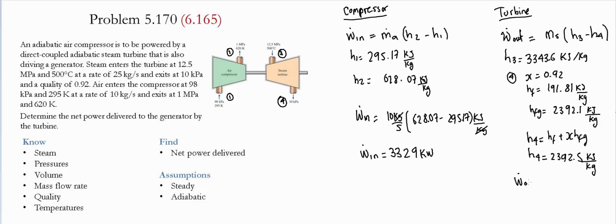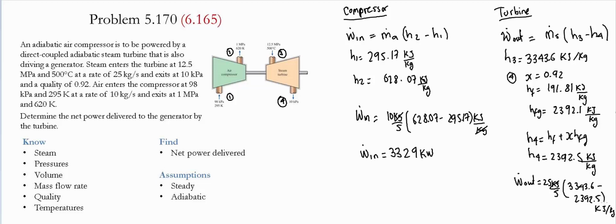Now we substitute the values of h4, h3, and the mass flow rate of steam to find the power leaving the turbine. The mass flow rate of steam is equal to 25 kilograms per second, and h3 minus h4 is 3343.6 minus 2392.5, in kilojoules per kilogram.